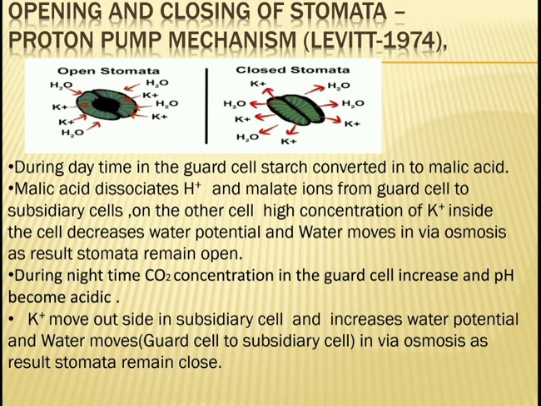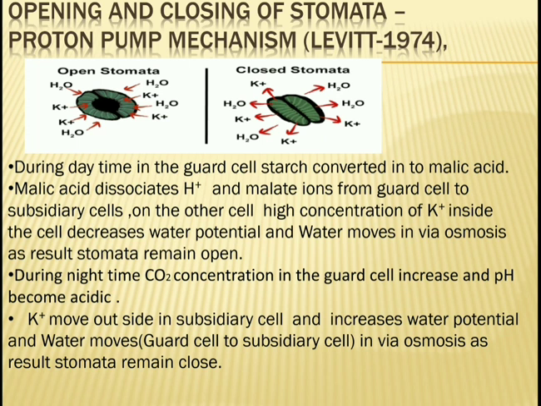As a result, the concentration of potassium ion increases in the guard cell, and it is responsible for the decrease of water potential. Once again I will repeat. During daytime, starch is converted into malic acid. Malic acid dissociates hydrogen ion and malate ion from guard cell to the subsidiary cell.